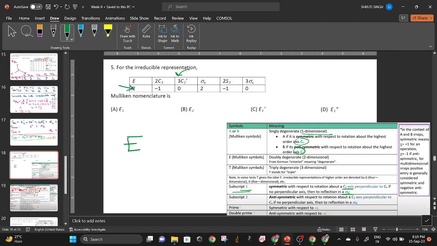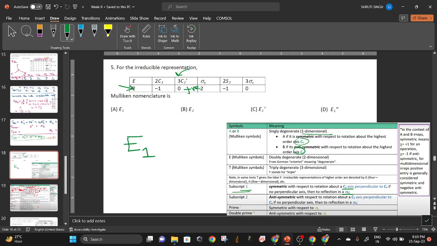Now you can ask me whether to consider 0 as positive or negative. So 0 will be considered as positive only. So this one is positive, meaning symmetric. So for symmetric the subscript is 1. So this is 1.